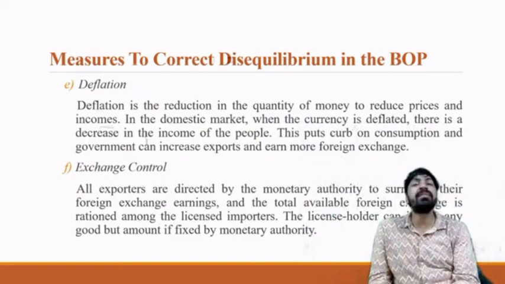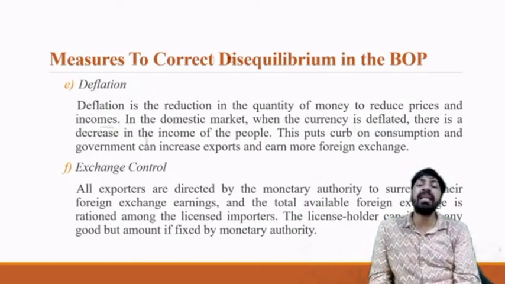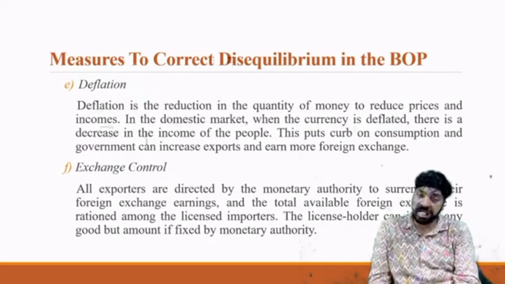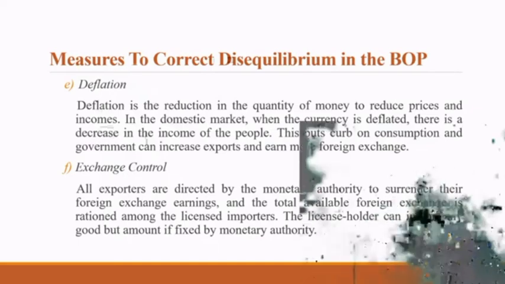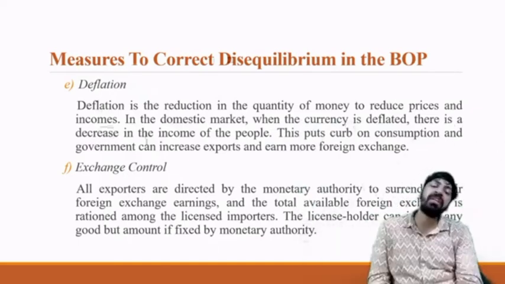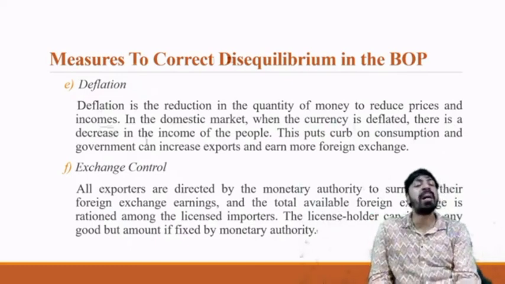So only the license holder can import any good, but the amount will be fixed by the monetary authority of the country. That's called controlling the exchange of goods by putting up a license.